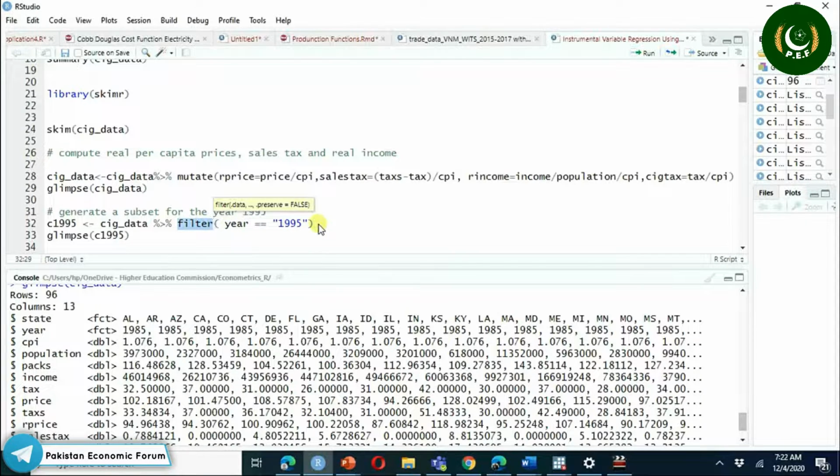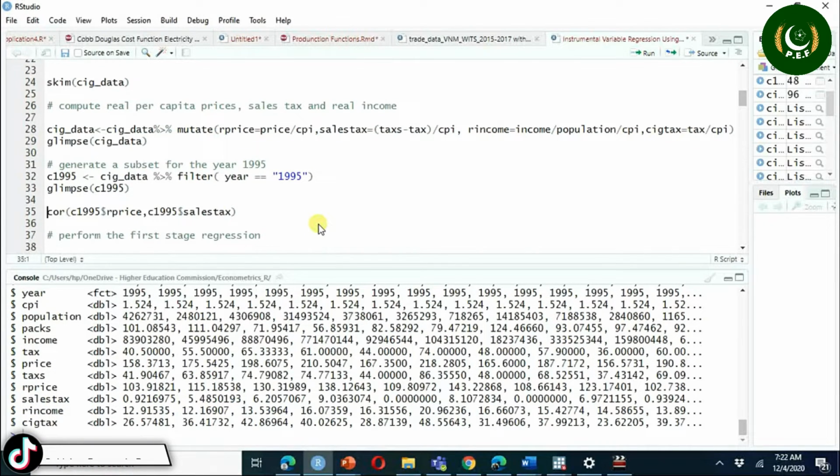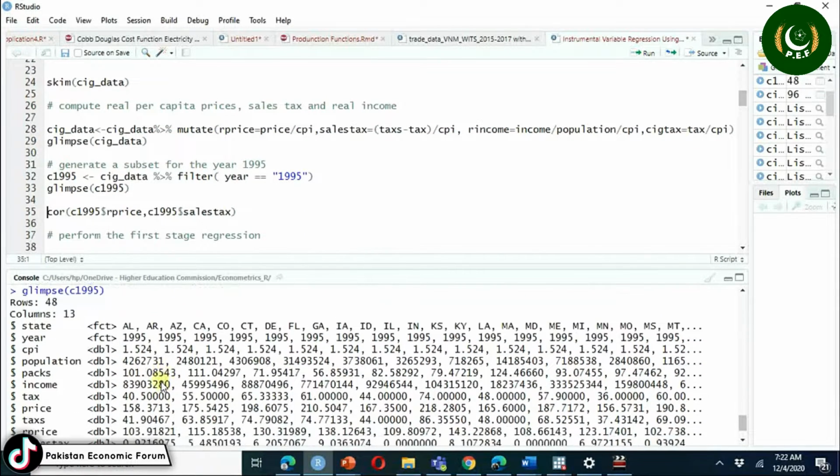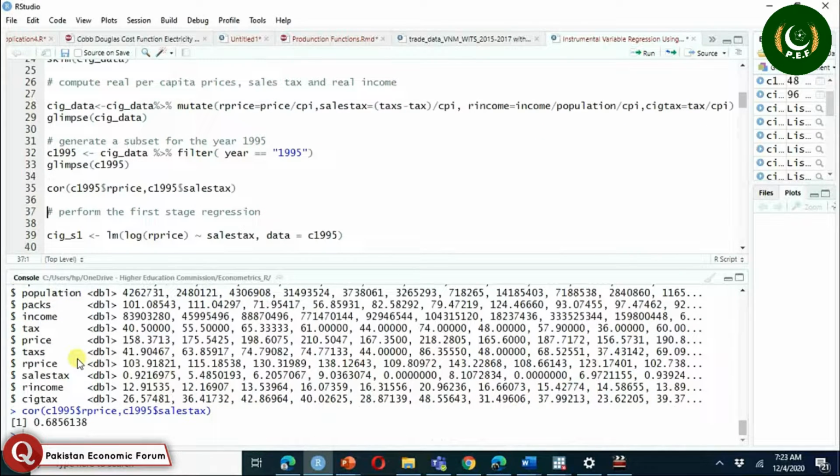When we select 1995, we now have 48 observations and 13 variables, because you had 1985 and 1995, 2 time periods of data; previously there were 96 observations. Now what's the correlation between real price and sales tax for the 1995 data? It's quite high.